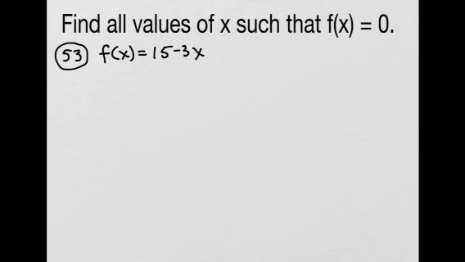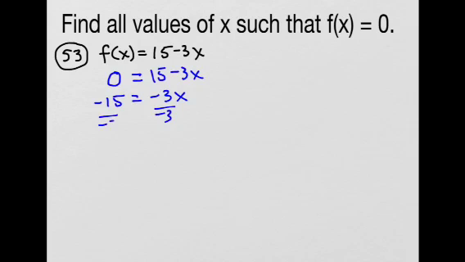So we have replaced the f of x with 0, and then we have 0 equals 15 minus 3x. We solve for x. We can subtract 15 from both sides, and then divide by negative 3. So we end up with x equals negative 15 divided by negative 3 is 5.